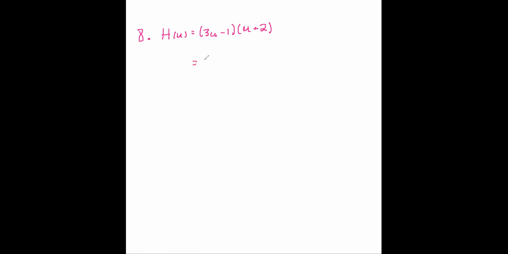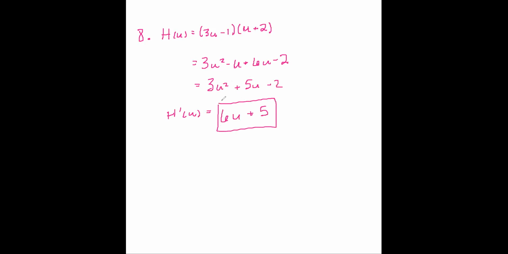If we do the FOIL, then we have 3u squared minus u plus 6u minus 2. So it'll be 3u squared plus 5u minus 2. So h prime is going to be 6u plus 5. Everybody okay with that?